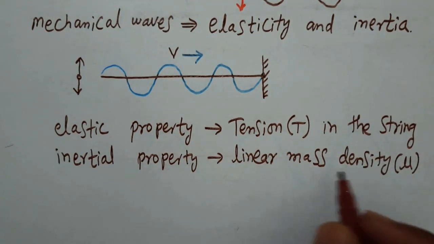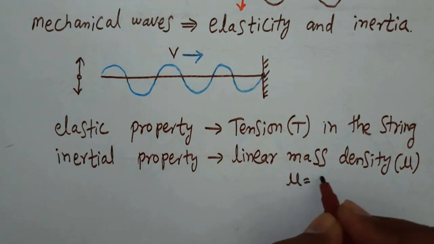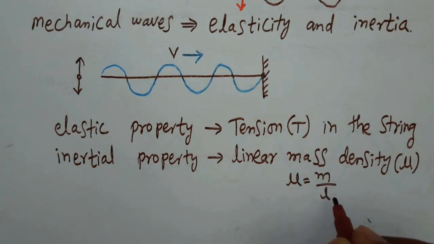Here linear mass density is mass per unit length.